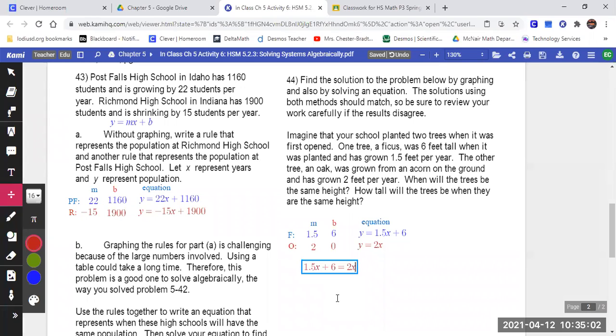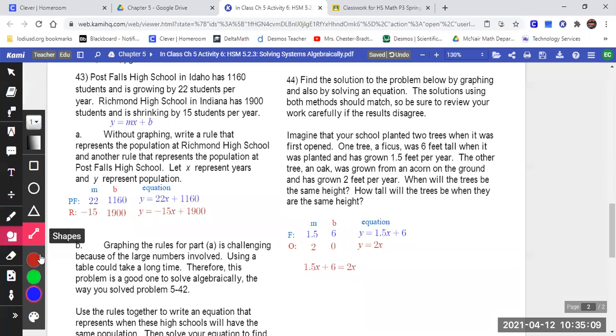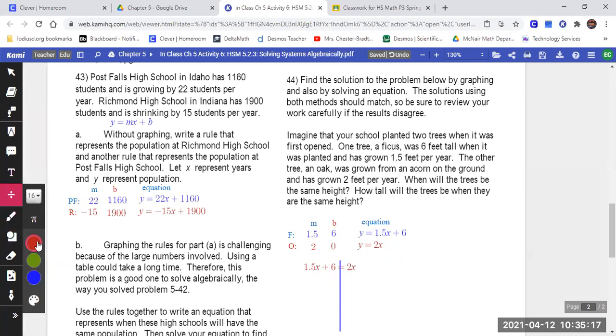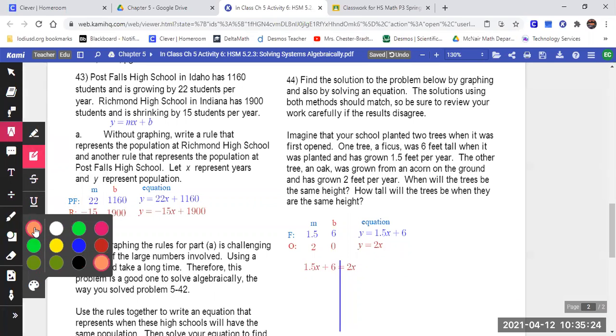Okay. What are we going to do? Put our balancing in. What are we going to do? Who has to move? Okay, we have to subtract 1.5x from both sides, exactly. So 1.5x goes over to 2x.